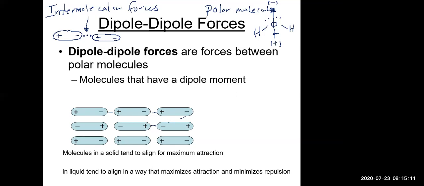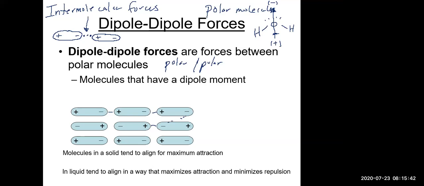So the first type of intermolecular force is dipole-dipole. It is the type of interaction that occurs between one polar molecule and another. So this is our polar and polar molecules interacting with each other. It could be two different polar molecules interacting, or it could also be just one polar molecule interacting with itself.